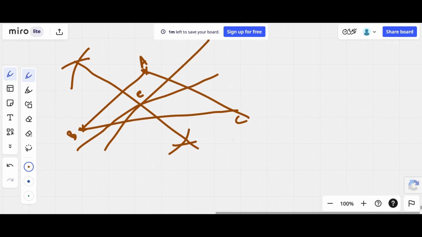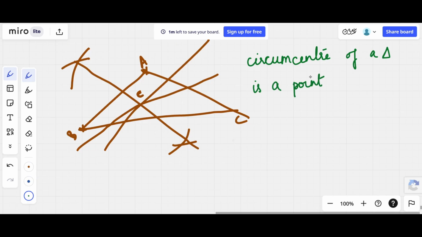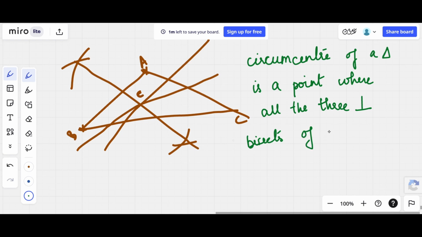So we can write here: the circumcenter of a triangle is a point where all three perpendicular bisectors of all three sides meet.